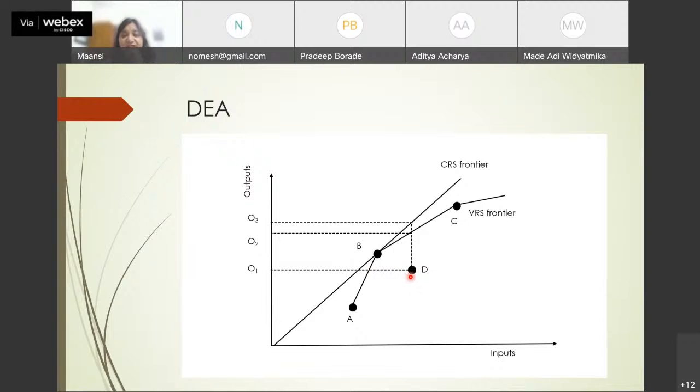So basically the unit D is inefficient, and it can be brought to the frontier by increasing the output for the same level of input. That is your output oriented model. And it can be brought to this point over here if we were trying to reduce the input to maintain our level of output.